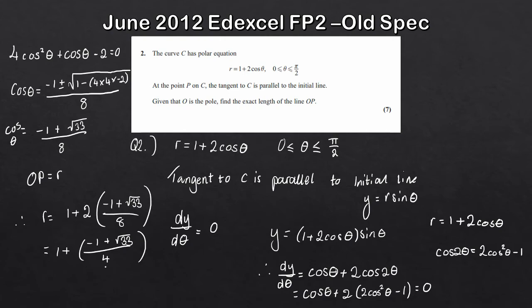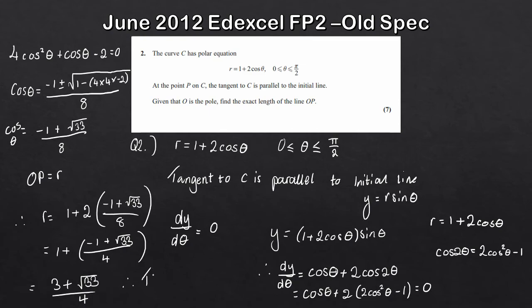If you simplify here, times through by the 4, and then simplify, that'd be 4 over 4, and then if you do all that, what you get is this over a common denominator, over 4 like that. Okay, and that's the exact length because we've got it in terms of surds and such.